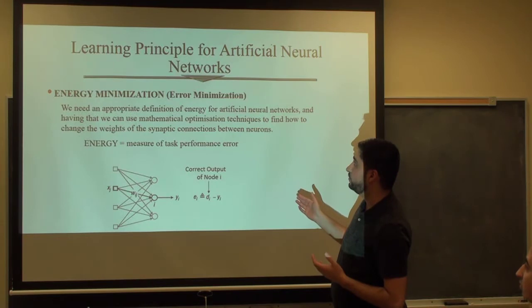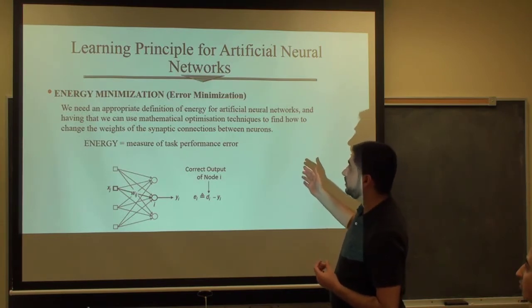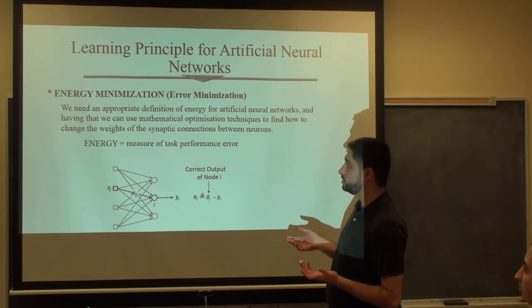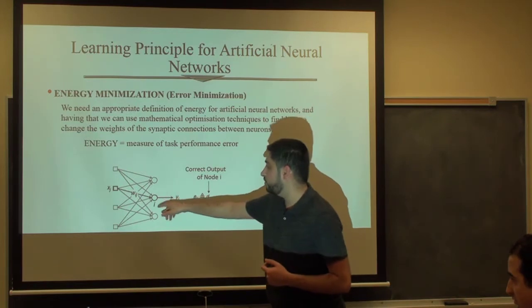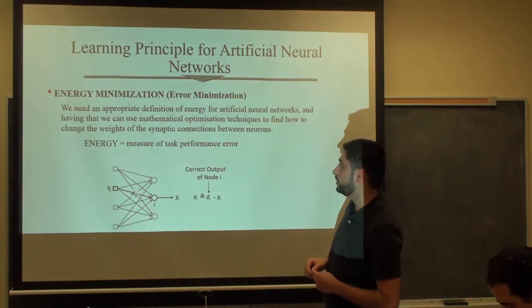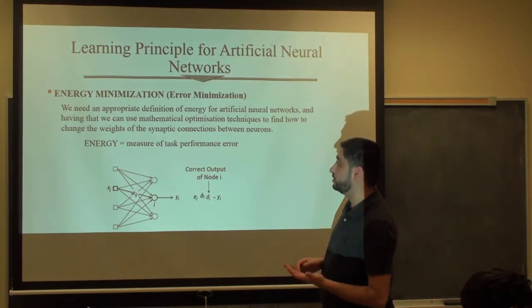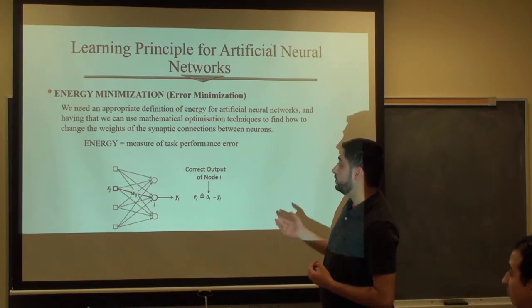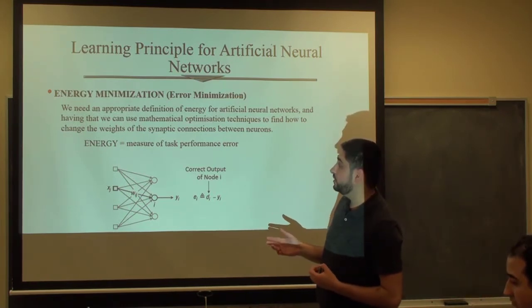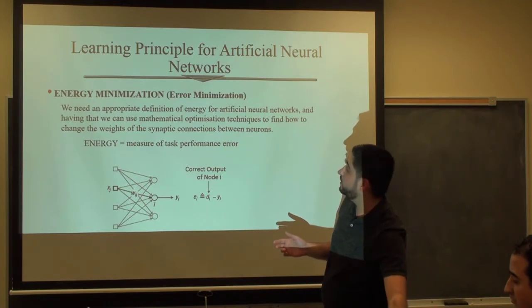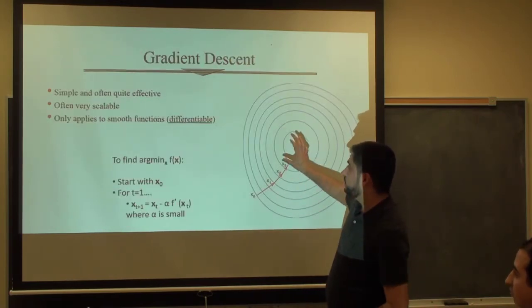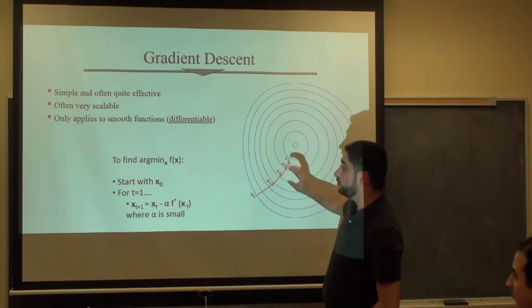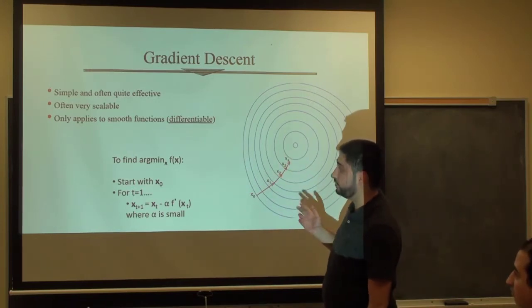So the main principle for the neural network, the artificial network, is energy minimization, or as we said, error minimization, which is reducing the error for each node in the network, so we have better classification functions. And to do that, I think we learned about gradient descent, which is basically minimizing our function, or finding the local minimum of any function we have.